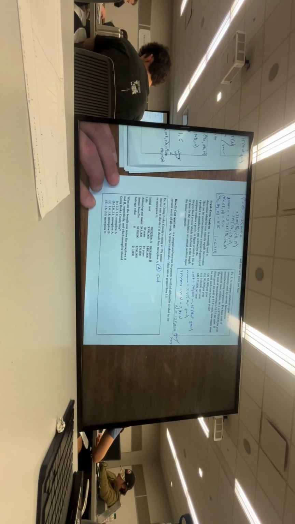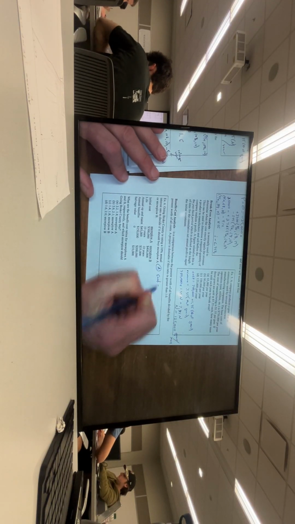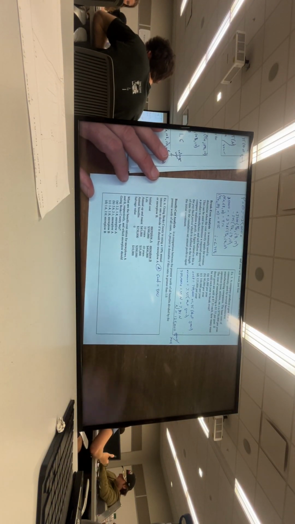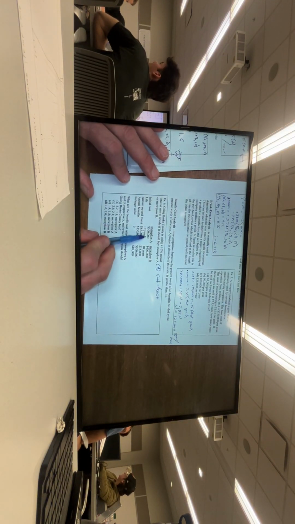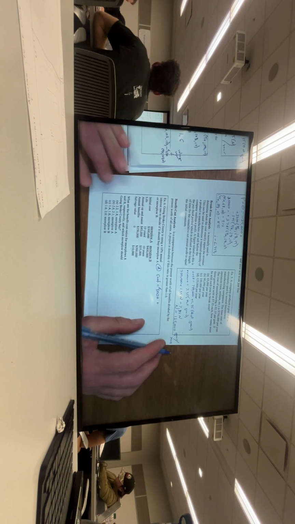So my cost for snowplow A, and this is all present value. That's $300,000, that's my initial cost, plus my operation and maintenance is $45,000.